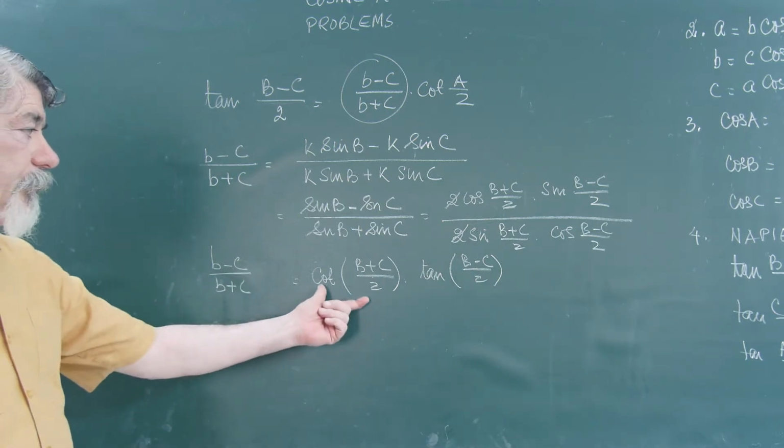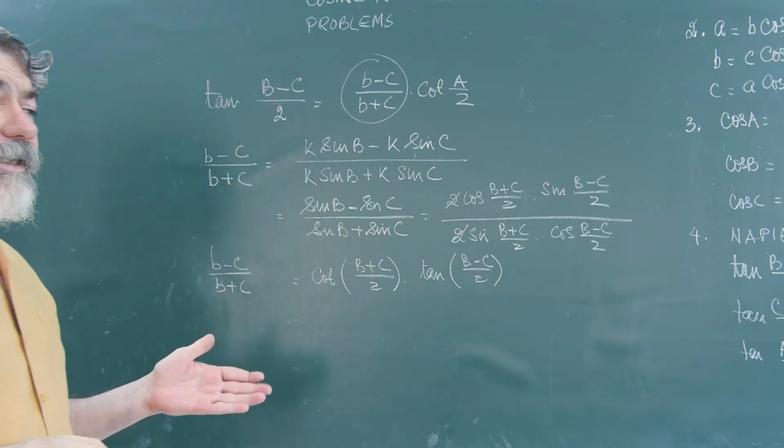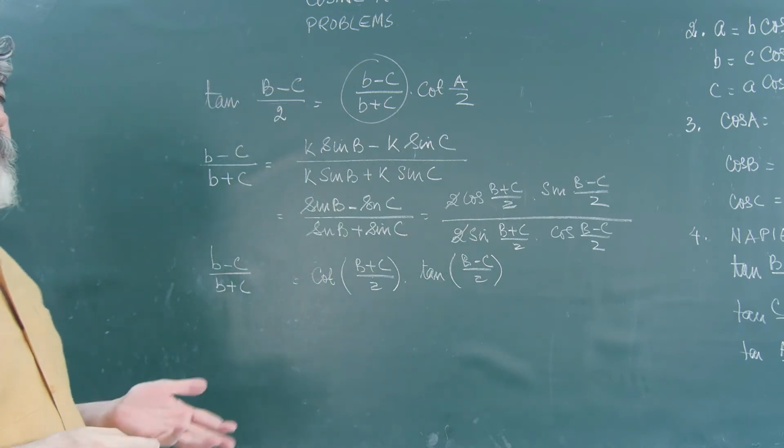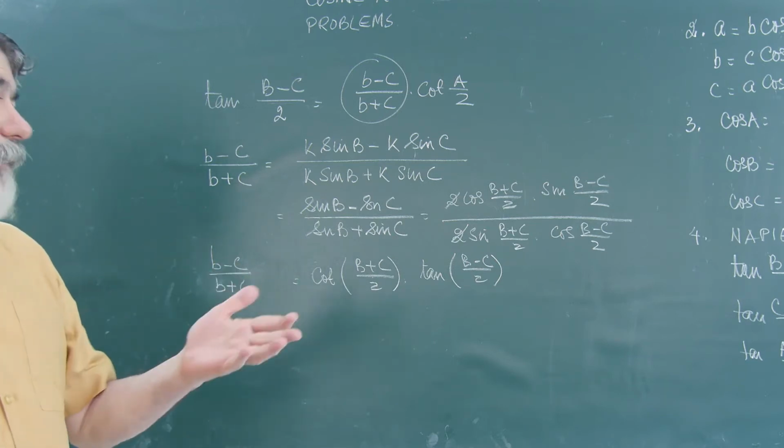Now please remember, we are aware that this is happening in a triangle ABC. So A plus B plus C is 180, A by 2 plus B by 2 plus C by 2 is pi by 2.